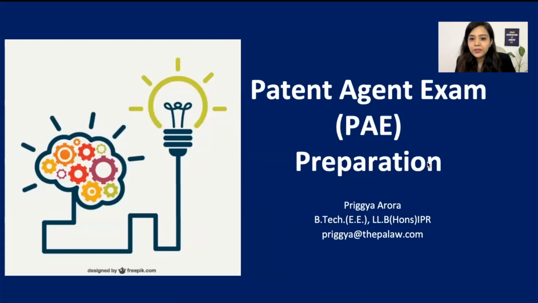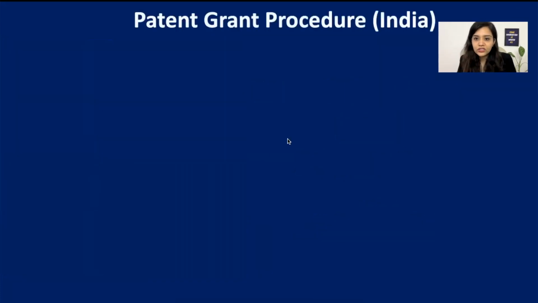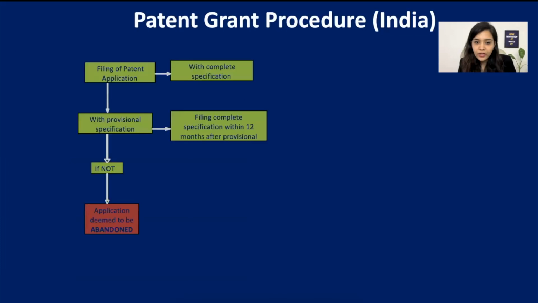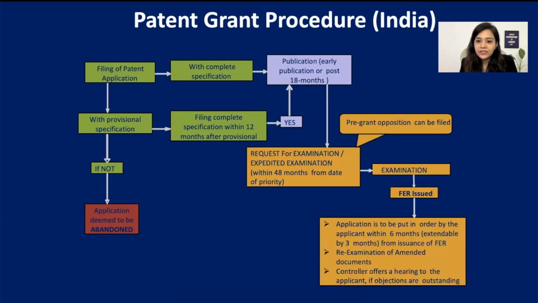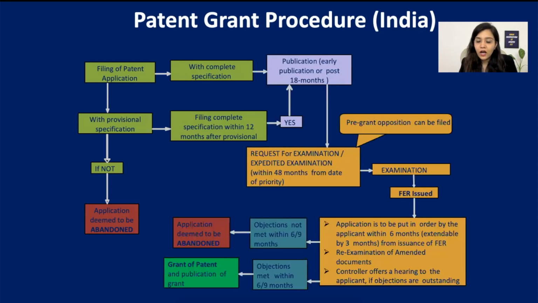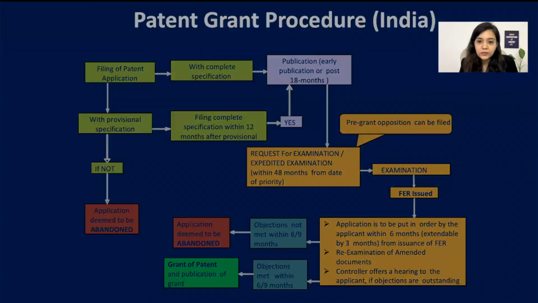So let us begin with the patent process like we generally do. We have covered important aspects of patent filing, and there are four important steps in the patent grant process, which are filing, publication, examination, and grant and the post-grant process.